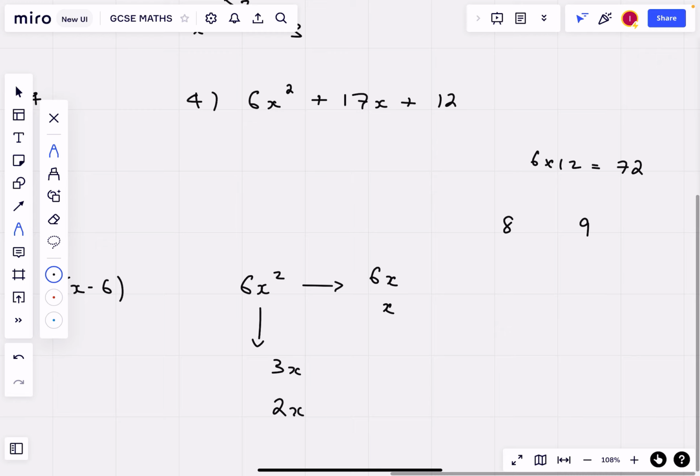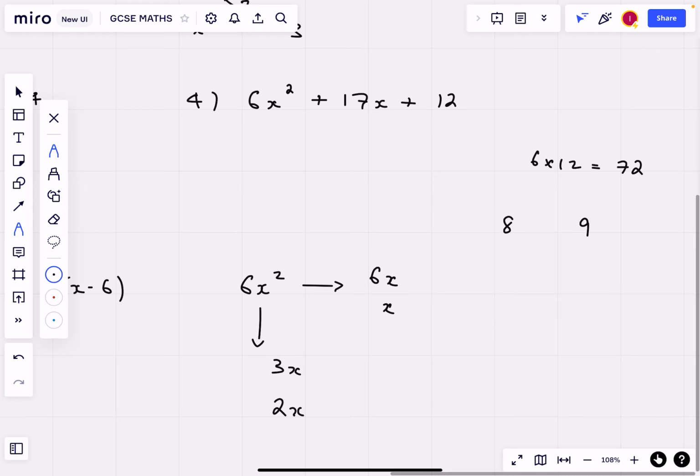Which one do you choose? You choose the one where both factors are divisible by your coefficients. Neither 9 nor 8 are divisible by 6, but both 9 and 8 are each divisible by 3 and 2. I hope that made sense. It didn't make sense in my head, but I hope that made sense. 9 is divisible by 3, 8 is divisible by 2.